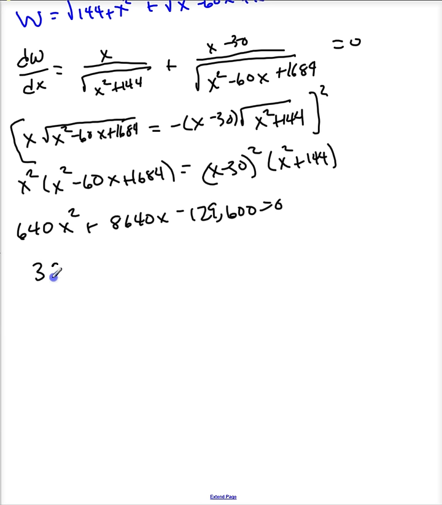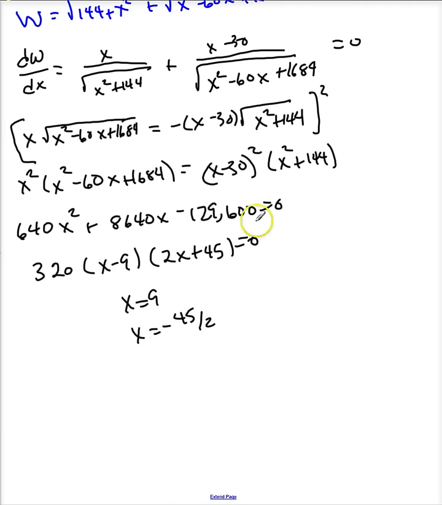This is 320 times x minus 9 times 2x plus 45. So my two critical points were x equals 9 and x equals minus 45 halves. Now, this is a real problem, so this is not in the domain.